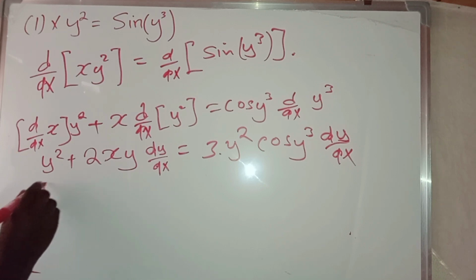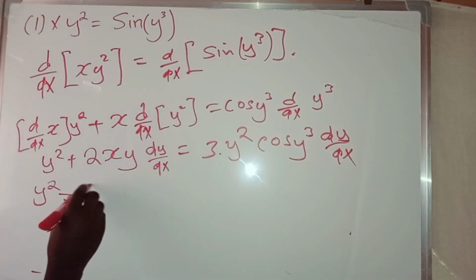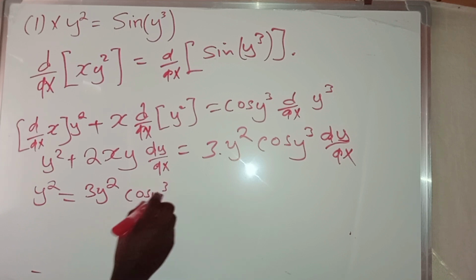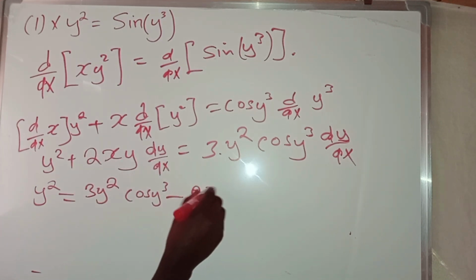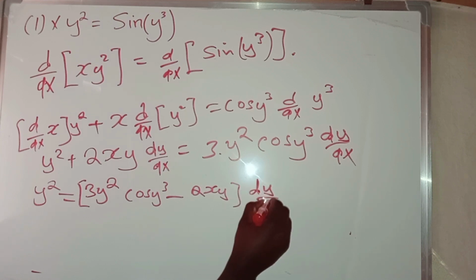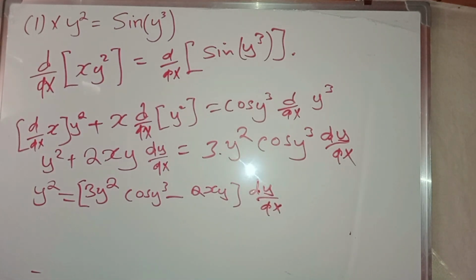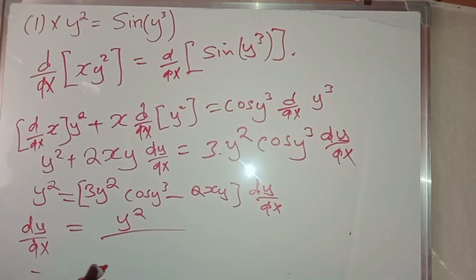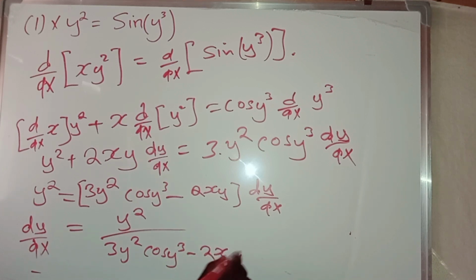y squared is equal to 3y squared cos y cubed minus 2xy, times dy dx. So your dy dx is equal to y squared divided by 3y squared cos y cubed minus 2xy.